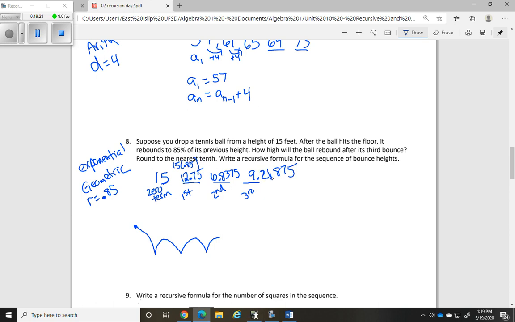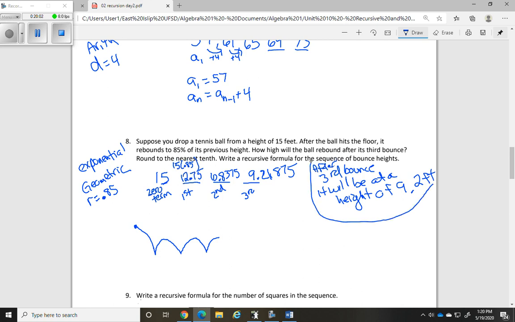Didn't tell me to round anywhere. Well, yes it does. It says round to nearest tenth. So after the third bounce, it will be at a height of 9.2 feet.